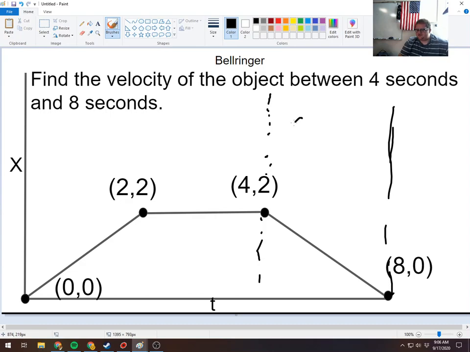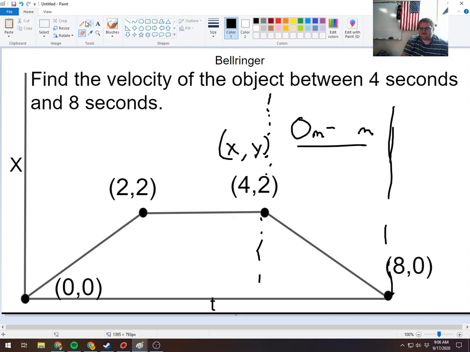So the velocity here will be 0 meters minus 4 meters divided by, make sure I'm doing this right, sorry. It's y2 minus y1. I'm telling you, I always get it mixed up, so I usually have to write it out like that. Oops, see, I messed up. I'm not going to edit it, because this is natural. Everybody should make mistakes.